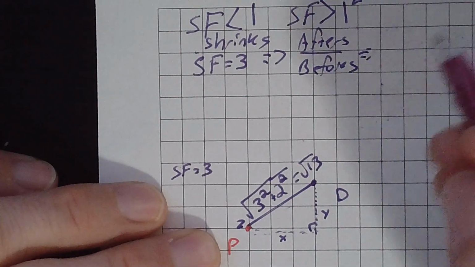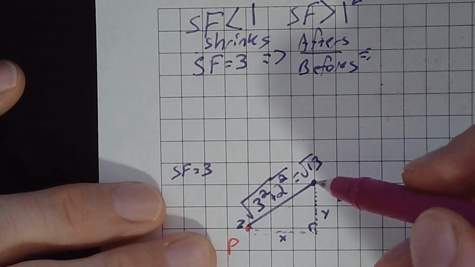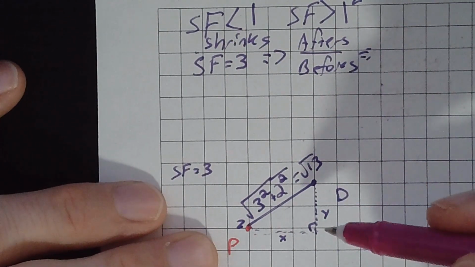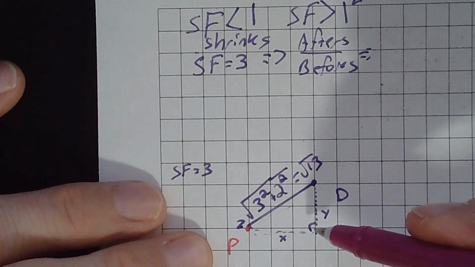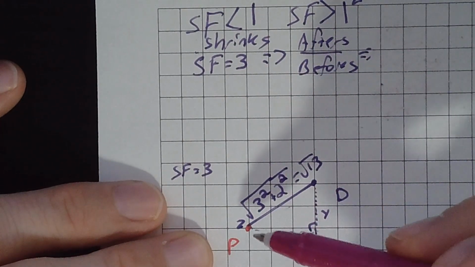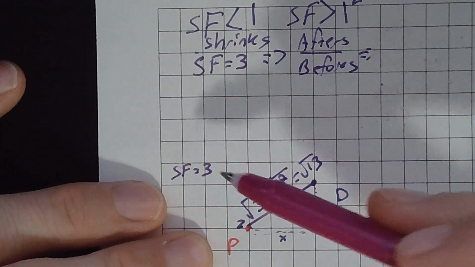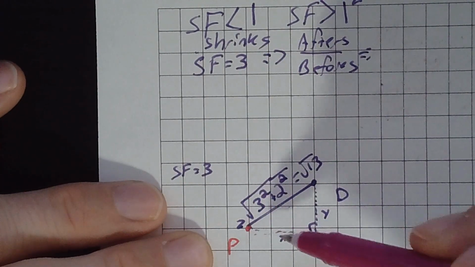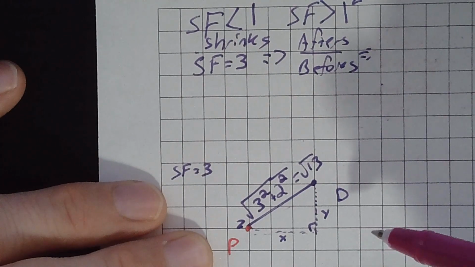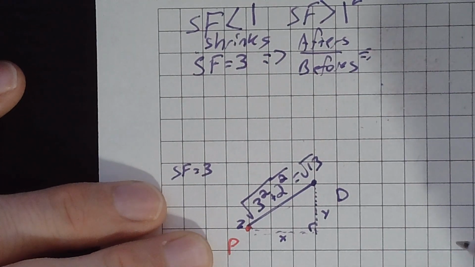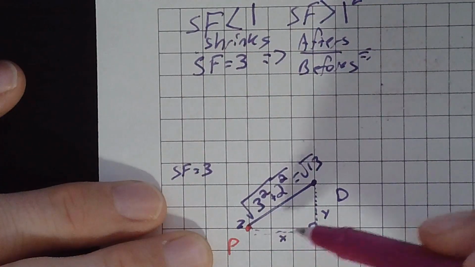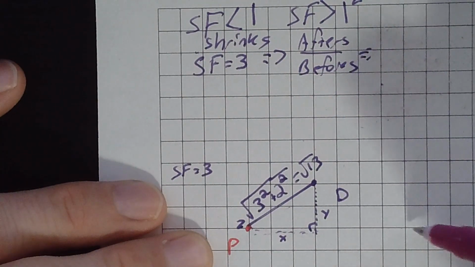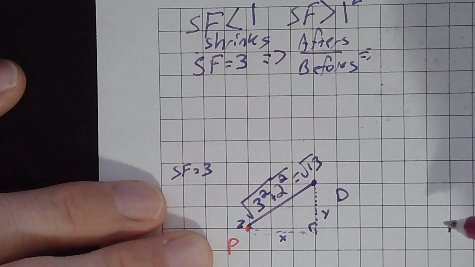And I'm gonna go ahead and change my color to burgundy so you can see that. The x distance was 3, so now it's going to be 3 times 3, and it's going to become 9. So 3, 4, 5, 6, 7, 8, 9. That's going to be my new x location, the distance over that my new point's going to be.